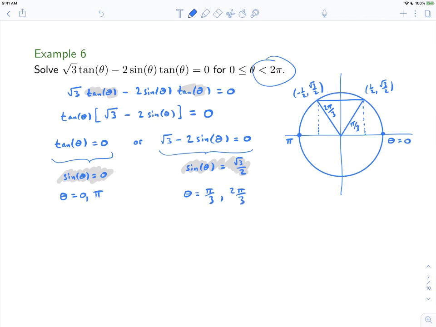If it had asked us for all theta for which this equation is true, we would have had to do that thing with 2 pi k. Well, let's actually write that down.